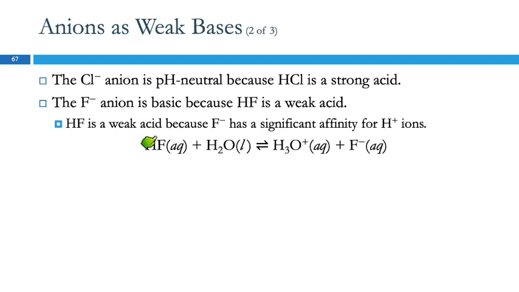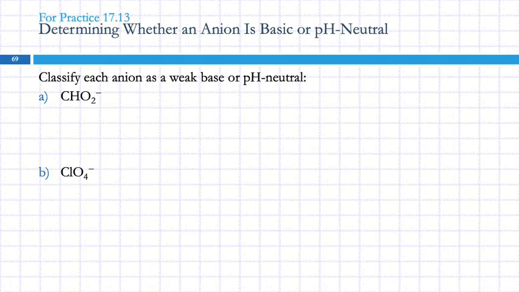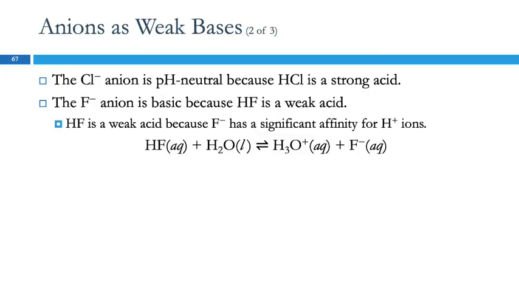So here's HF, it's a weak acid. When it dissolves in water, it will ionize partially. Right? So we'll get some fluoride ions, but we're going to have a lot of HF as well. This is going both ways. It's an equilibrium.